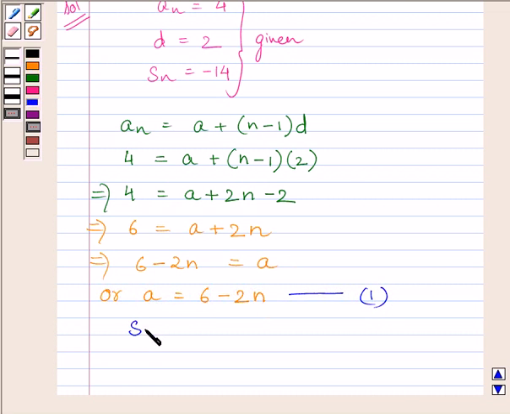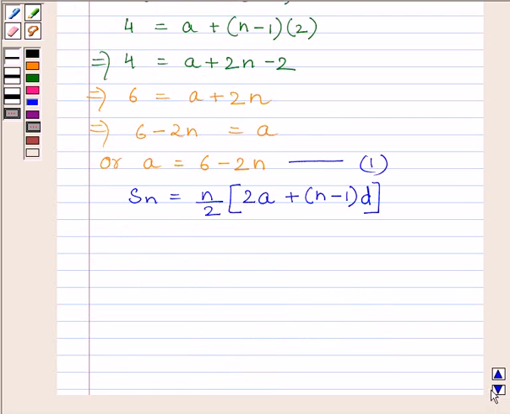Now we know sum of n terms of AP is equal to n upon 2 multiplied by 2a plus n minus 1 multiplied by d. Now we know Sn given to us is equal to minus 14, so we can substitute minus 14 for Sn.